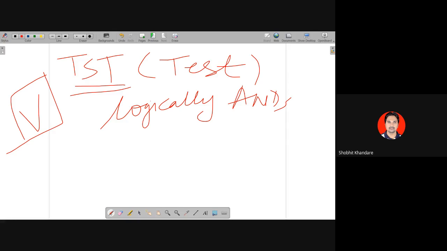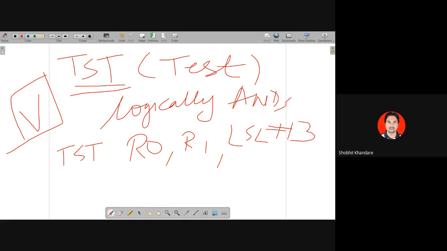Okay, so let me give an example for this. Okay, this is the best example. आपको variation भी समझ में आएगा. The example says TST R0, R1, LSL #3. अब ये इंस्ट्रक्शन क्या कर रहा है?